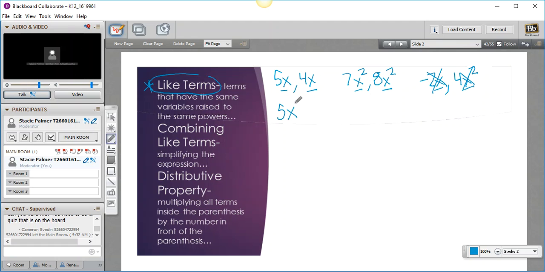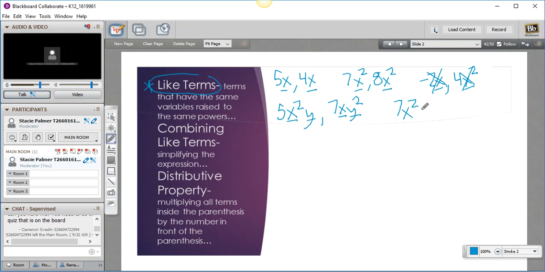If I give you 5x squared y and 7xy squared, these are also not like terms because this one has an x to the second and this one has just an x. Okay, this one has just a y and this one has a y to the second. So although they both have an x and a y, the variables and the powers have to be exactly the same.